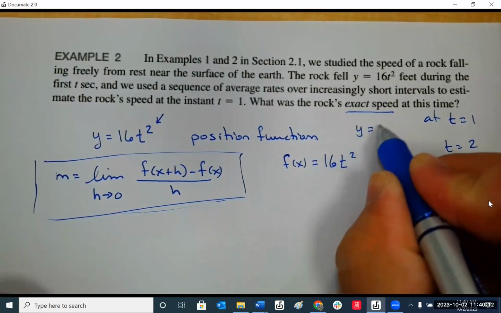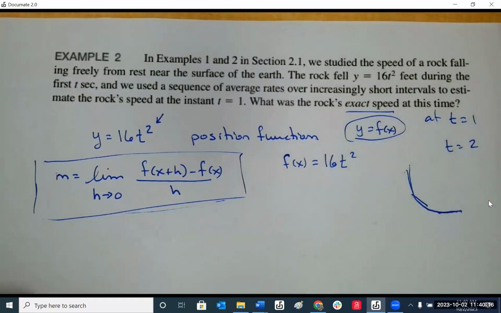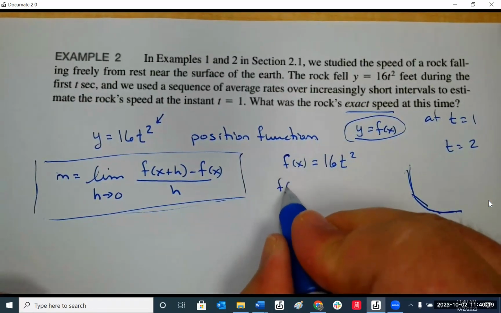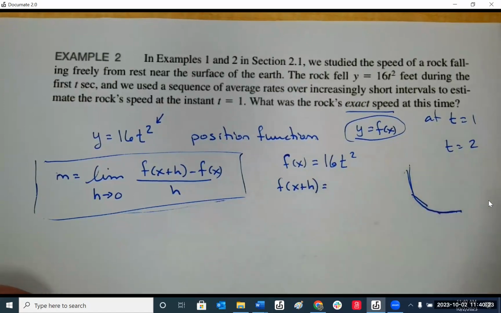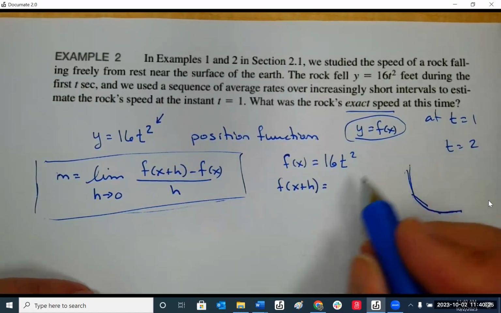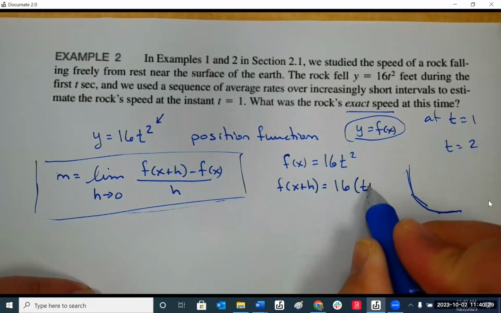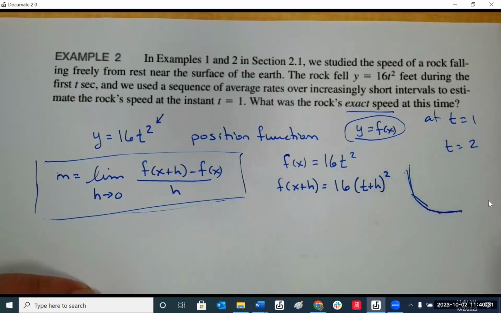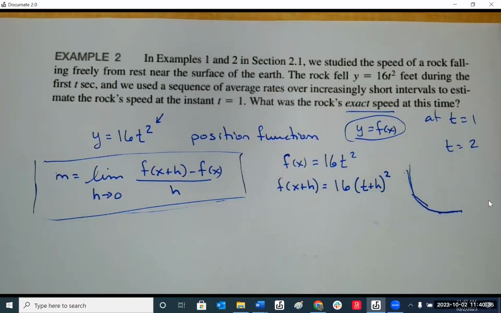Because y is equal to f of x, the same thing. So then we have to find f of x plus h, 16 times (t plus h) squared, because you add it to the t, not to the t squared.